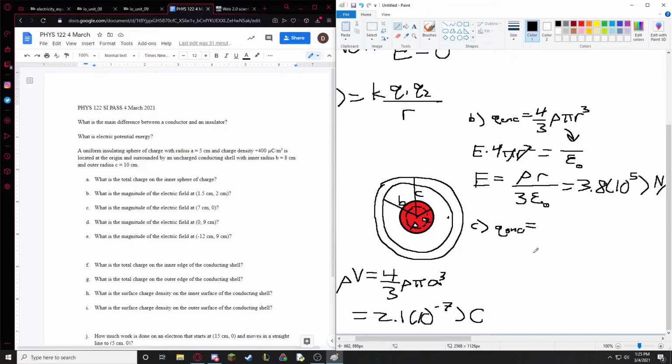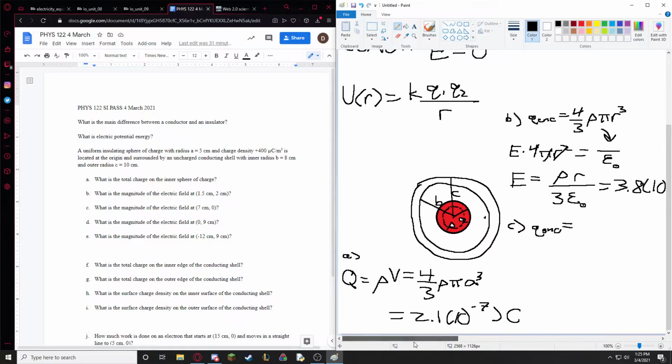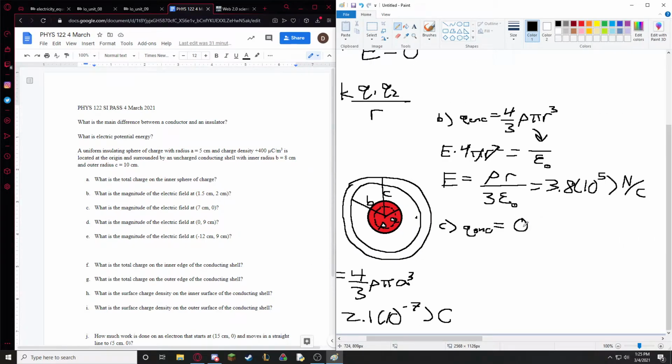It's the Q we found in part A. Yep, exactly. It's just the whole Q of our sphere of charge. So Q enclosed is equal to big Q. And then what would be the electric field here? How do we find the electric field?